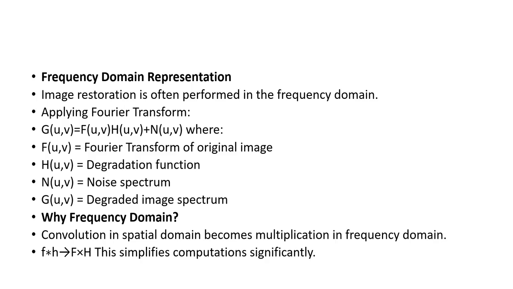Now, how can we restore the image? The function that is given is the Fourier transform of the image times the degradation function plus whatever is the noise spectrum, and that will give me the degraded image spectrum.